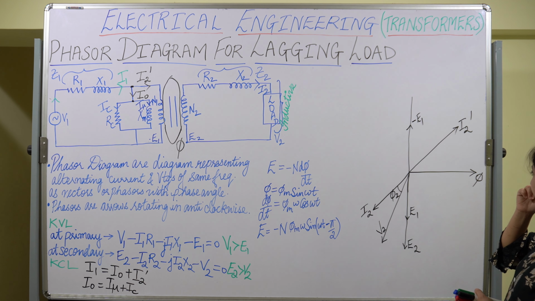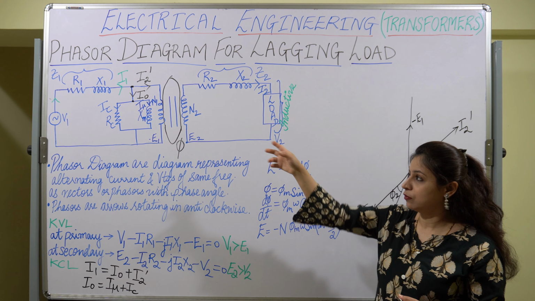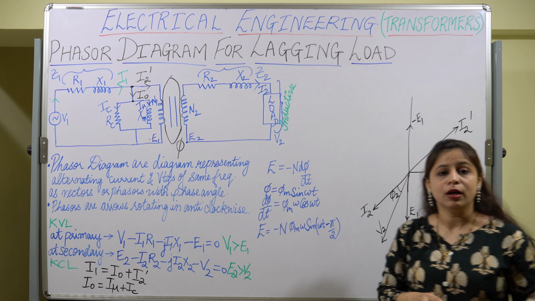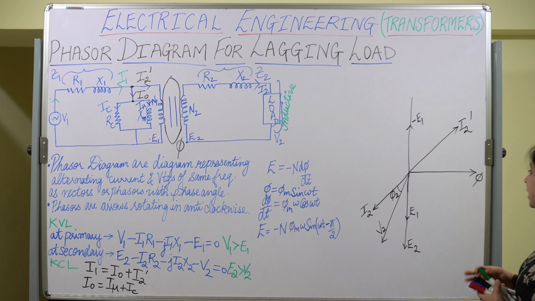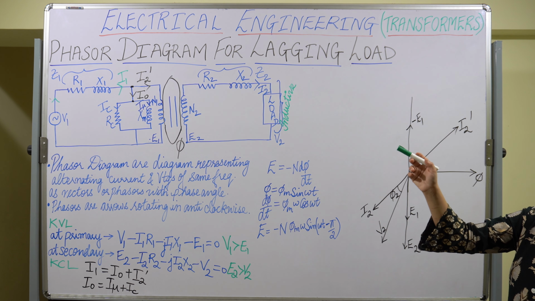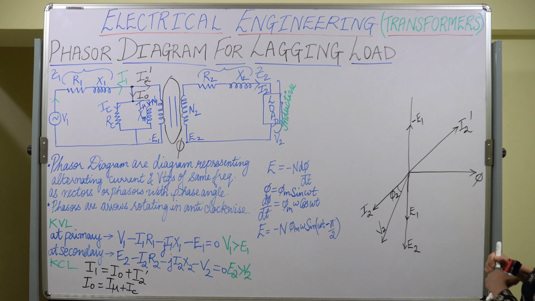Now we need to draw our no load current and the components of the no load current also. So let us say I naught has two components. We already know the core loss component and the magnetizing component.